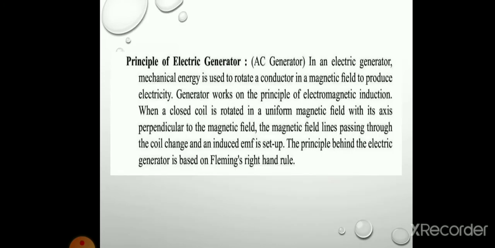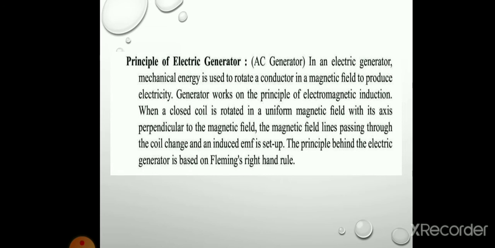So now let us study on what principle this electric generator is working. Based on the phenomenon of electromagnetic induction, the experiment studied generates induced current, which is usually very small. So this principle is also employed to produce large current for use in homes and industries. So here the main principle is that it works on electromagnetic induction.